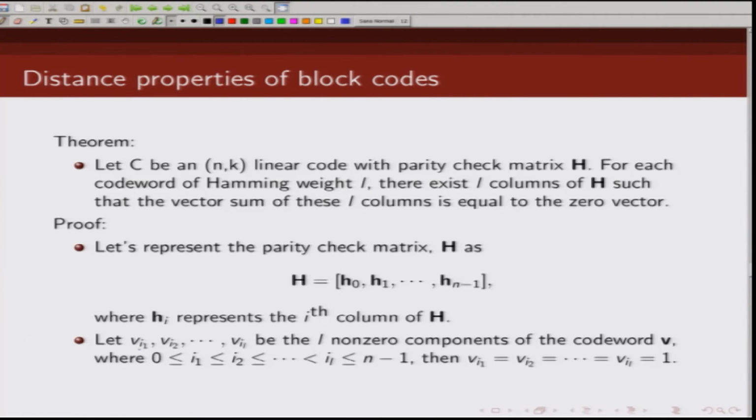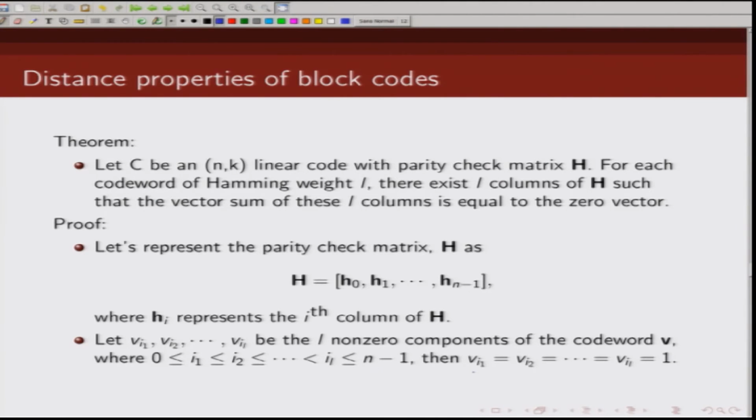that at these locations i1, i2, i3, up to iL, these are the locations where the code word has non-zero components. So, let the non-zero components of this code word V be denoted by Vi1, Vi2, Vi3 up to ViL, where, without loss of generality, we are just writing i1 is less than or equal to i2, less than or equal to i3, less than or equal to iL, less than or equal to n minus 1.